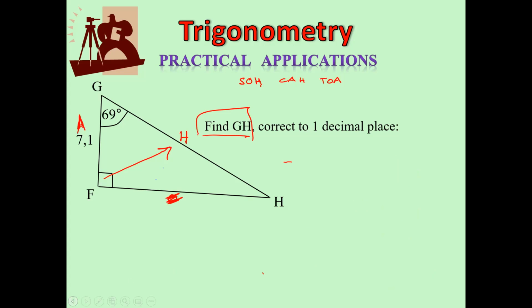I just want to go back. If we look at this ratio now, which ratio has an A and an H? So we look on the top, so CAH. Immediately we see cos. So if we write down what is cos theta, cos theta would have been adjacent over hypotenuse.